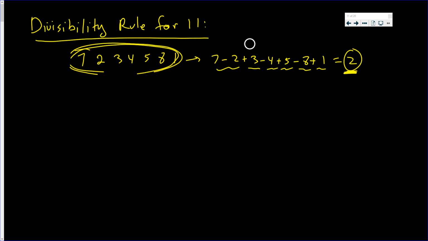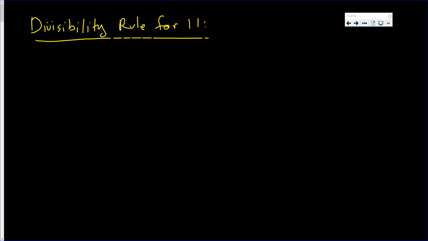Okay, so let's formally state that. Any integer can be written in the form a sub n times 10 to the n plus a sub n minus 1 times 10 to the n minus 1, all the way down to a1 times 10 plus a0.